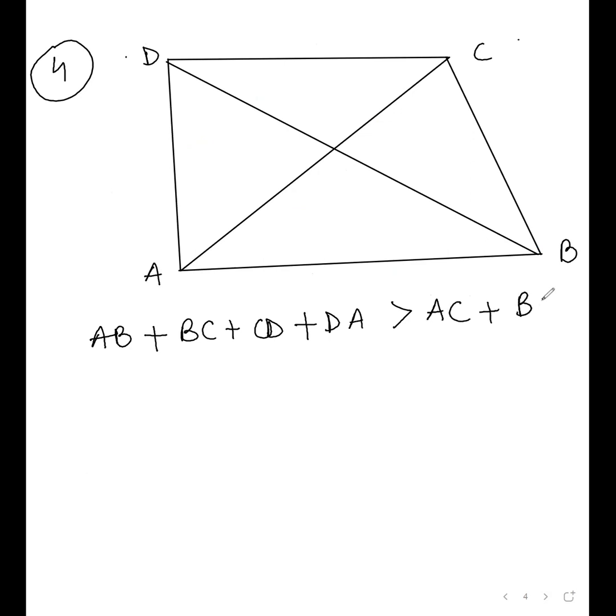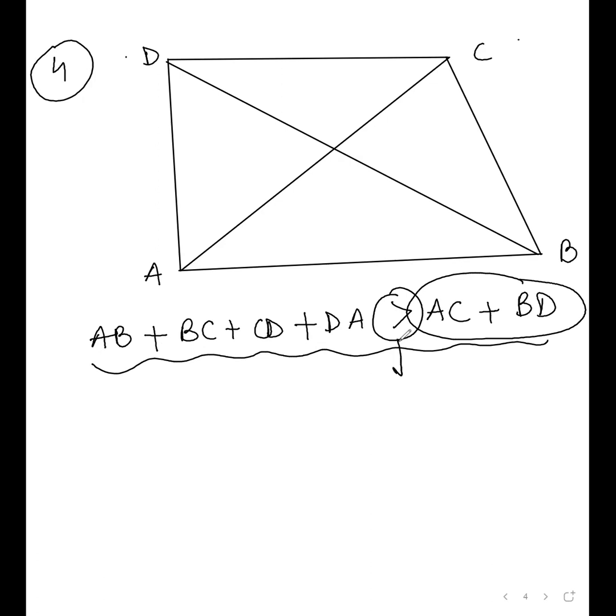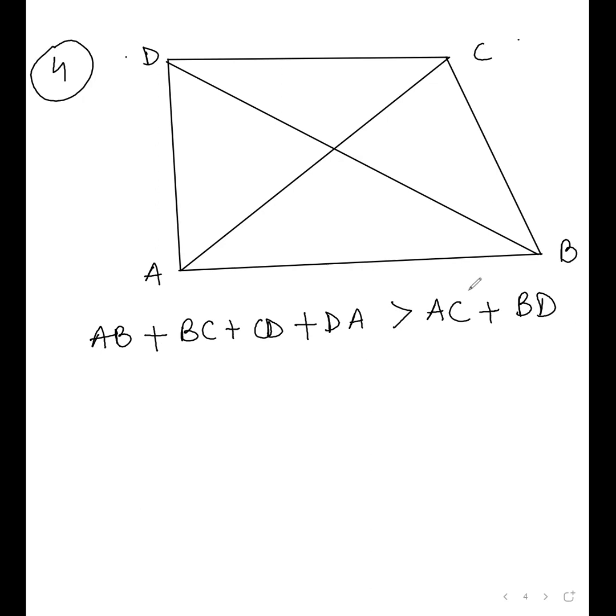Look at the right side of this inequality. It's not called an equation because over here you don't have an equal to sign. It's called an inequality. Look at the right side of this inequality and tell me what are the two triangles you're supposed to look into.